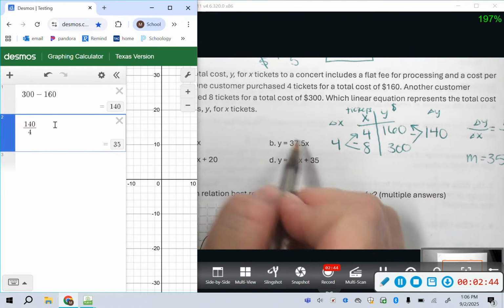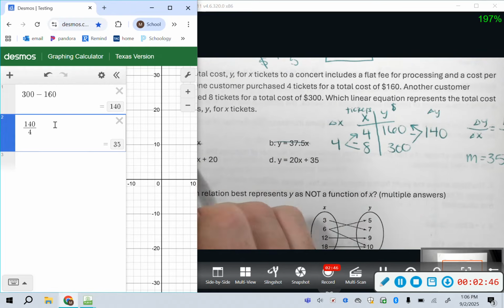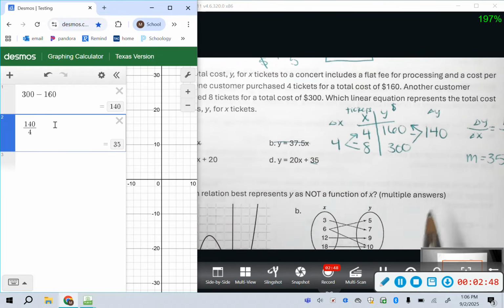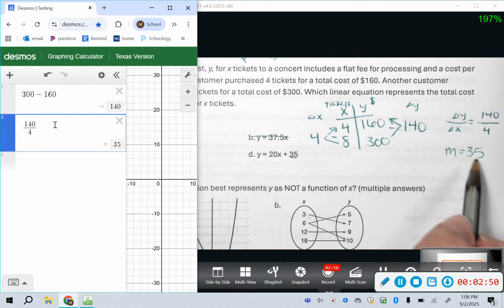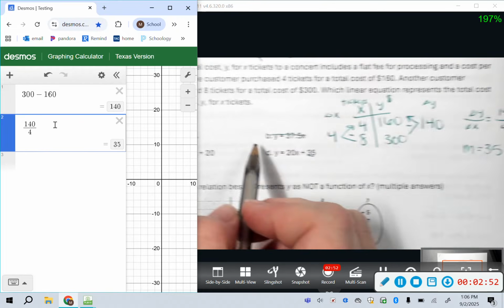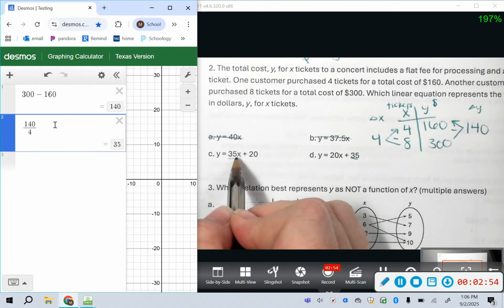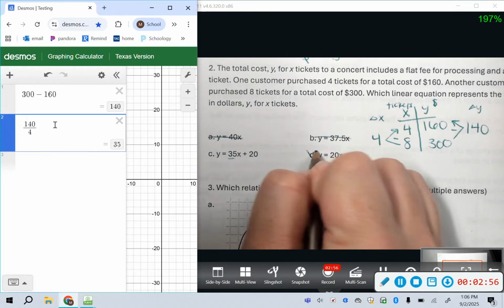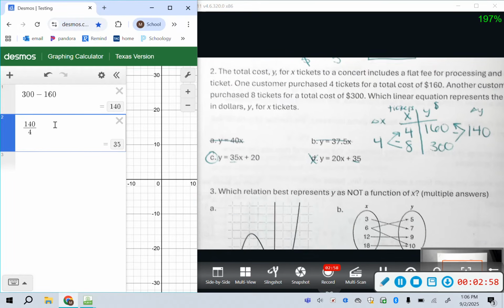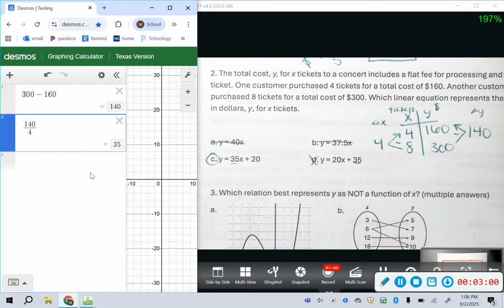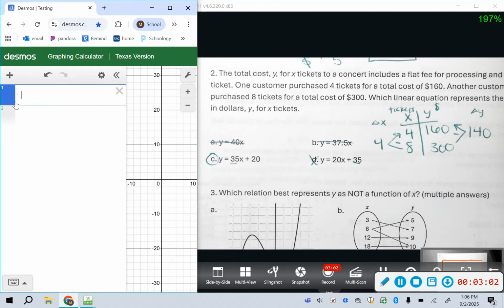Now, big thing to remember, this doesn't have a 35, this has a 35, and this does. But remember, my slope is always touching my x. So I have to look over here. 35 is touching x, 35 is not. So C is my answer. Now you can check your work in the calculator. Plus sign table.